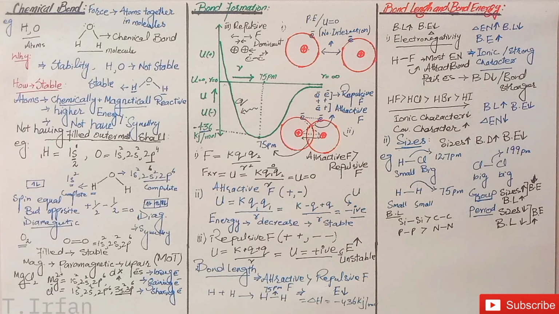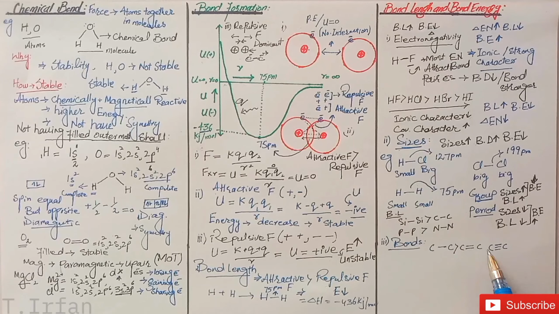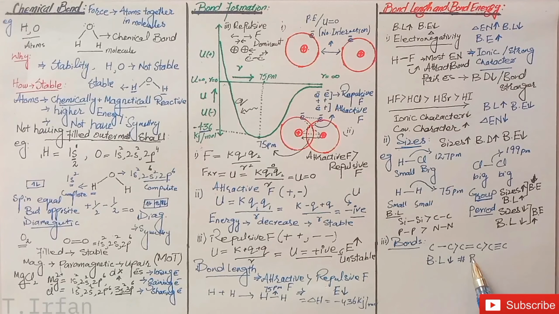And the third factor is bond order. When the number of bonds increases, the bond length decreases and bond energy increases. For example, when carbon atoms are connected through single, double and triple bonds, their bond length decreases and bond energy increases. When carbon atoms are connected through a single bond, they have a bond length of 154 picometer, and 134 and 120 picometer when they are connected through double or triple bonds.